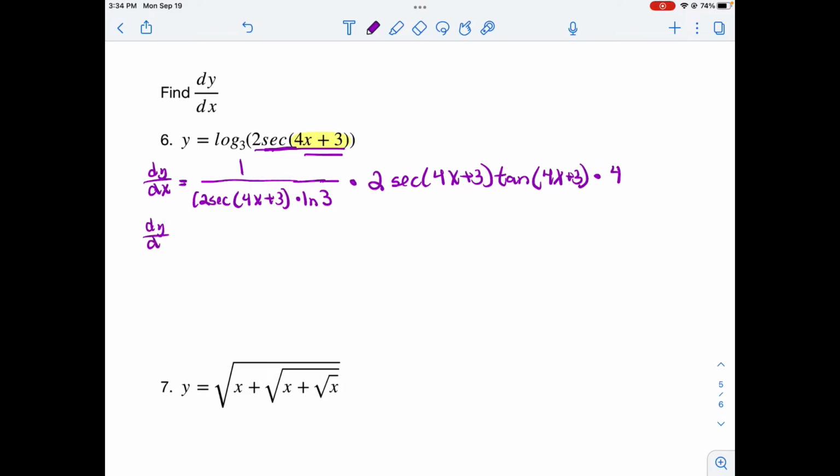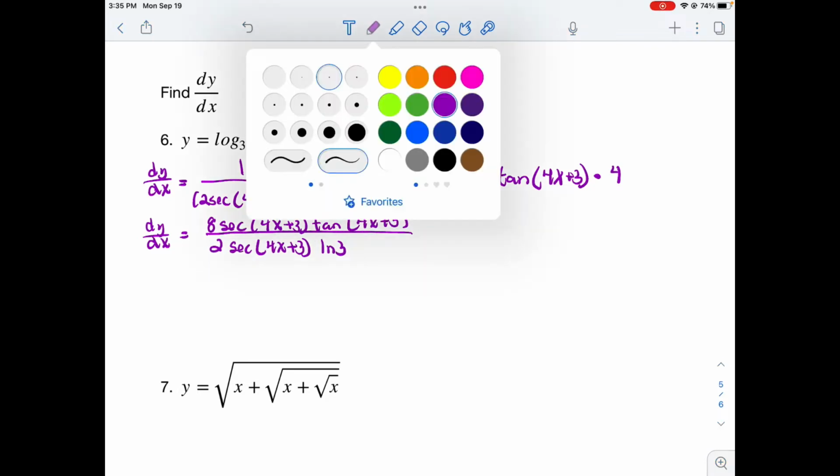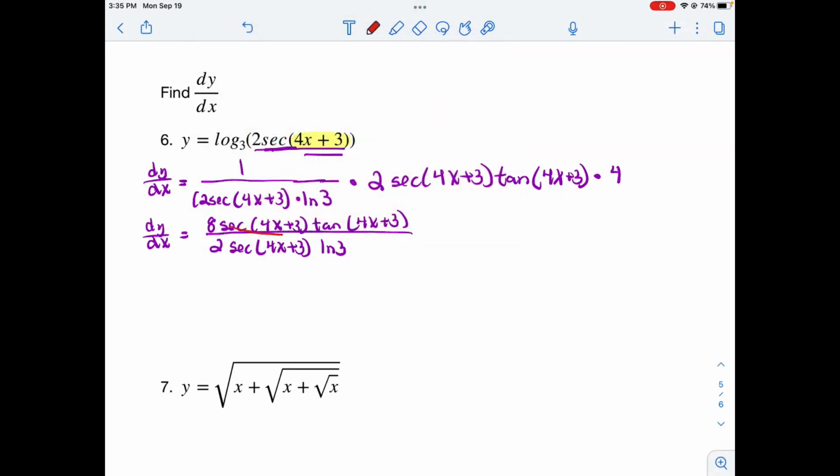Now I'm just going to clean it up a little bit. So I'm going to multiply all the top together, so that'll give us 8 secant of 4x plus 3 times tangent of 4x plus 3 over 2 times secant of 4x plus 3 times the natural log of 3. And then I notice, wait, I got multiplication of secant 4x plus 3 on the top and secant 4x plus 3 on the bottom, so I can cancel that out.